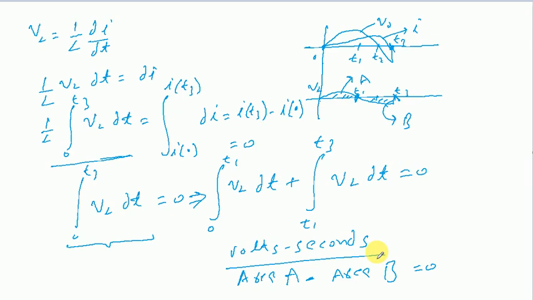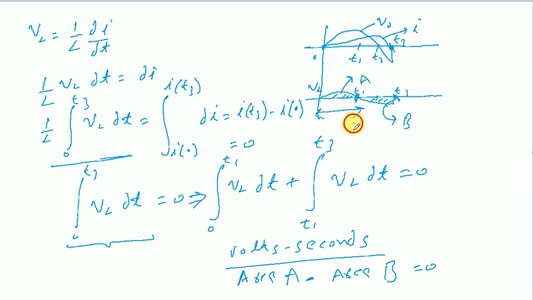So what we used to see in that principle is that the total area or the average value of the inductor voltage over the entire cycle is always going to be equal to 0. That can be established if we have a closer look at this and see that we have an equal amount of area covered during these two sub-intervals. That stands true as well, because whatever energy has been gained by the inductor would be lost by the inductor. The inductor is gaining energy when the current is on the rise and the voltage across it is positive for this interval.